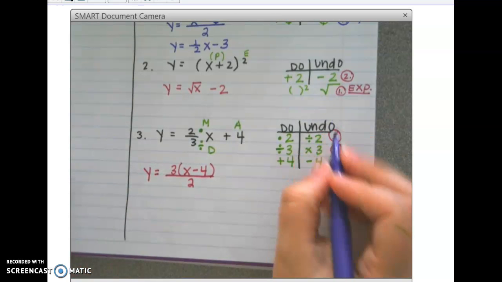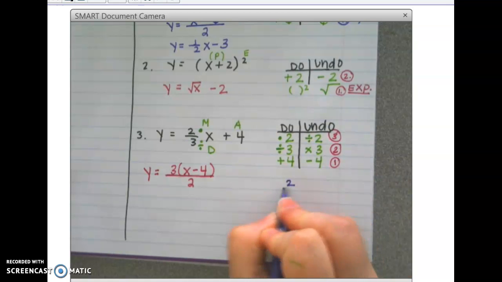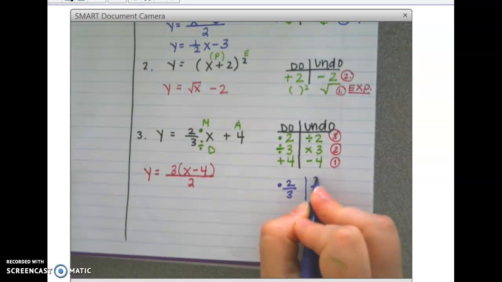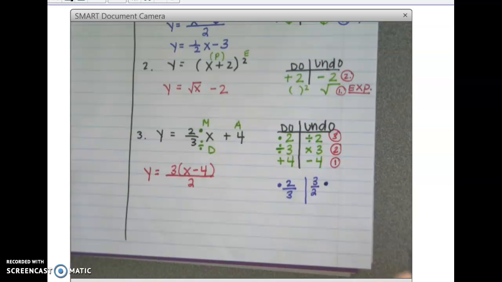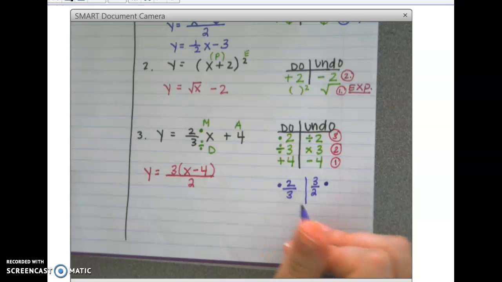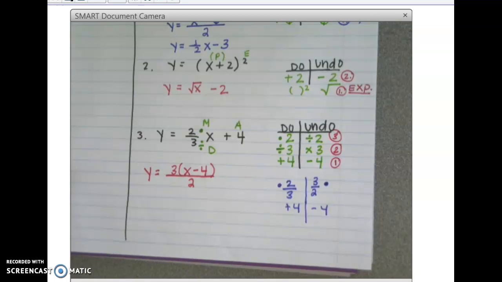To simplify these as a step, since you're multiplying by 2/3, you could always get rid of it by multiplying by the reciprocal. So what that would look like, that would just basically be one step. You would multiply by the reciprocal. I would still have that plus 4 minus 4 on the bottom.